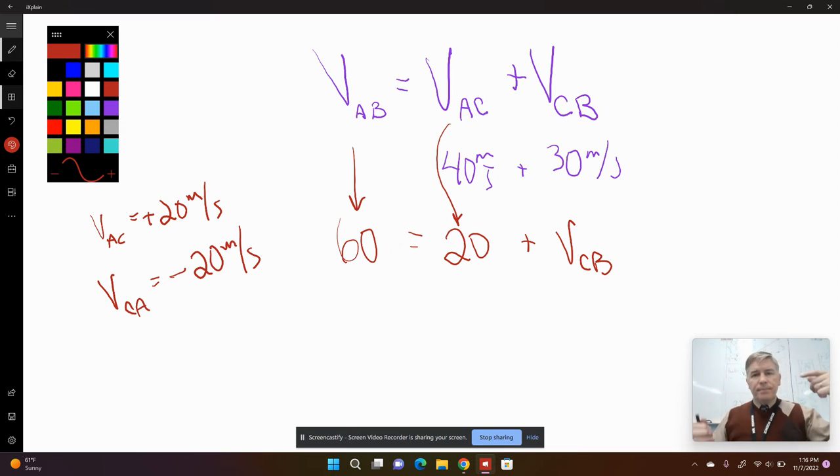In other words, if car A is moving in the positive direction at 20 relative to car C, then car C is actually moving negative 20 relative to car A. It's like when you pass somebody, they would say that you're moving faster than them by a certain number of meters per second or miles per hour, but you could also look at them and say they're moving backward at that same speed. So that's another way to look at it.